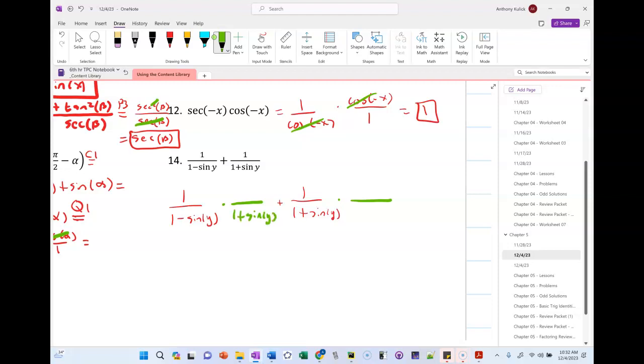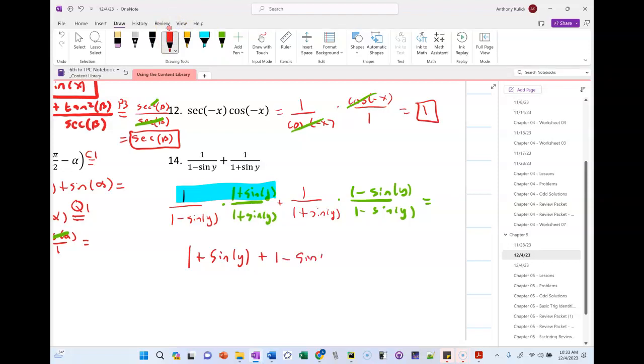Yeah, but you mean them in this order, right? So our new numerator is going to be 1 times 1 plus sine y plus 1 times 1 minus sine y.